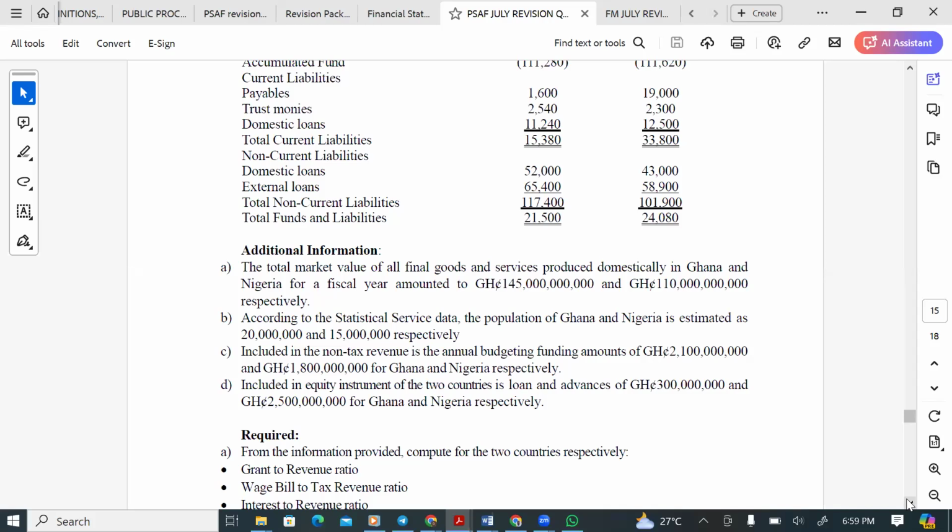C. Included in the non-tax revenue is the annual budget funding amounts of 2.1 billion and 1.8 billion Ghana cedis for Ghana and Nigeria respectively. D. Included in equity instruments of the two countries is loans and advances of 300 million cedis and 2.5 billion cedis for Ghana and Nigeria respectively. Required.